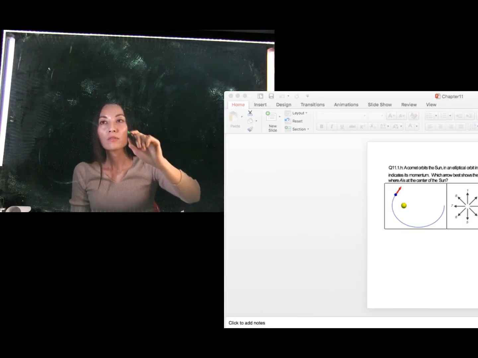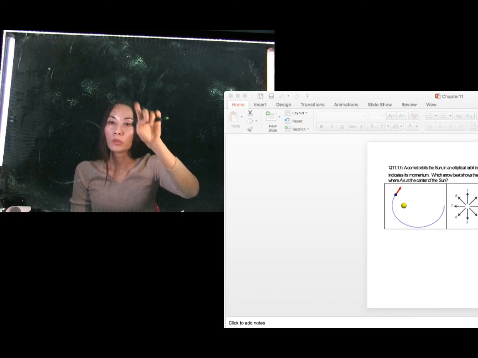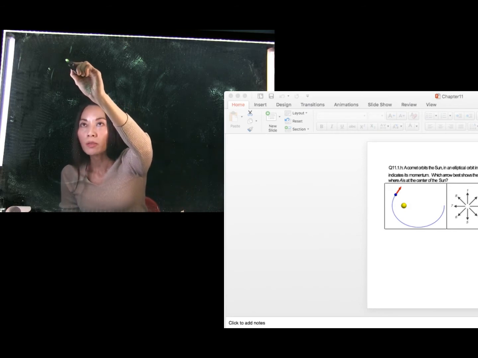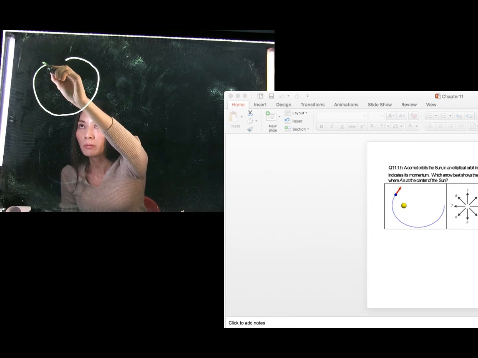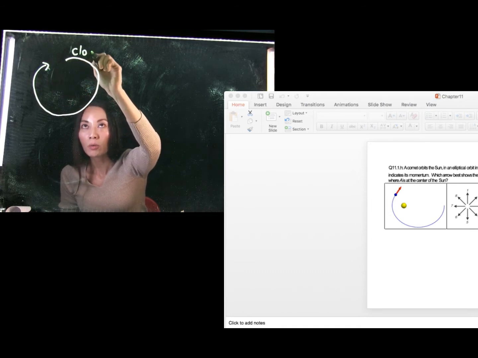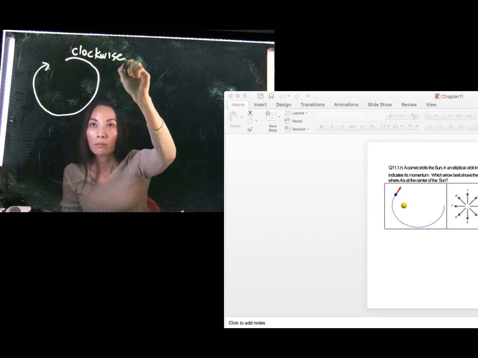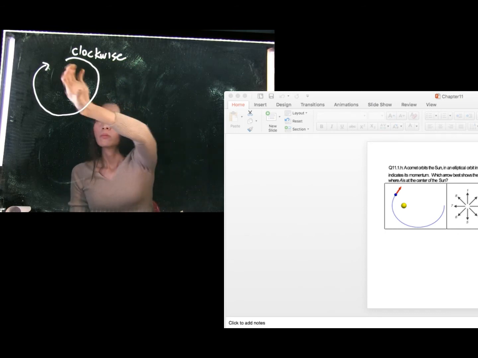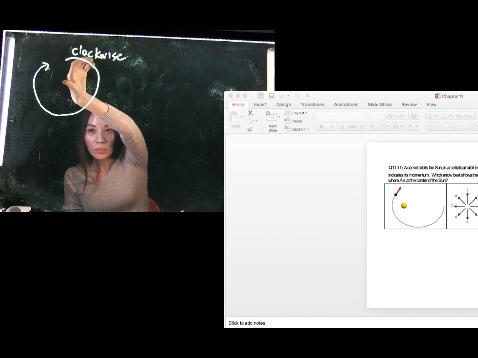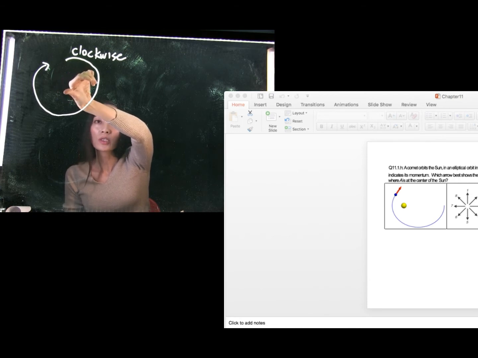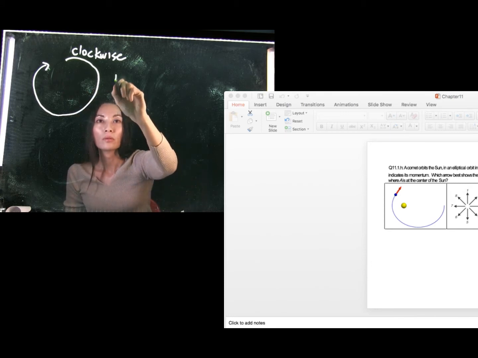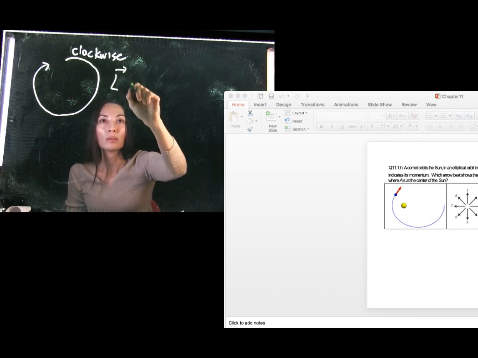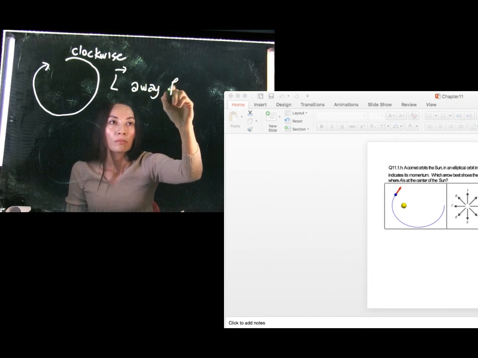So in the case of the orbital motion of a comet, suppose we have a comet that's going in a clockwise direction. Then we can also use the right-hand rule, where we curl our fingers in the direction of motion, and the direction of my thumb is the direction of the angular momentum, and that's away from me.